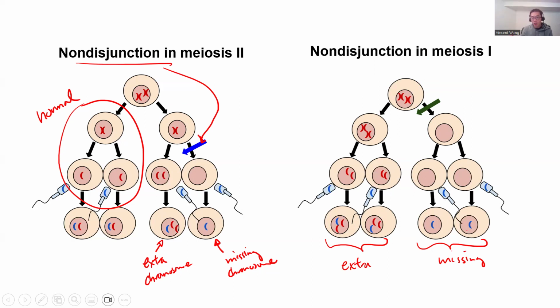So it's much worse to have non-disjunction earlier on than later on. If non-disjunction happens in meiosis 1, all the eggs are going to be problematic. But if it happens in meiosis 2, only half of them will be affected. There's still a chance that you're going to have a good normal egg.